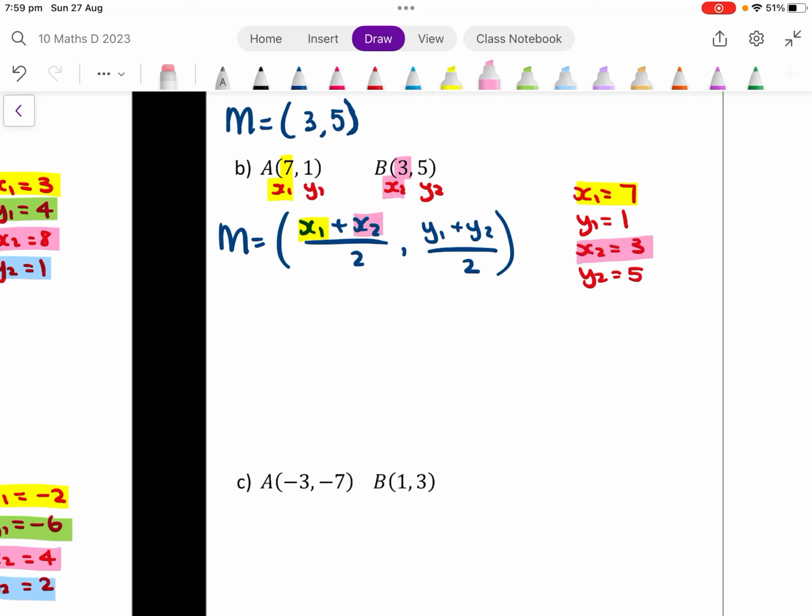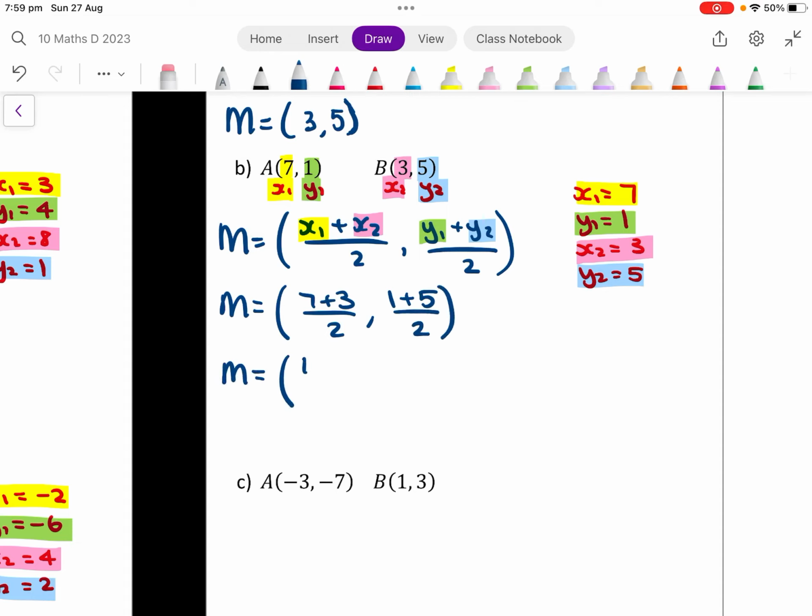Okay, so we will have m equals 7 plus 3 divided by 2 and 1 plus 5 divided by 2. So we get m equals 10 over 2 and 6 over 2. So m equals (5, 3). So our midpoint is the point (5, 3).